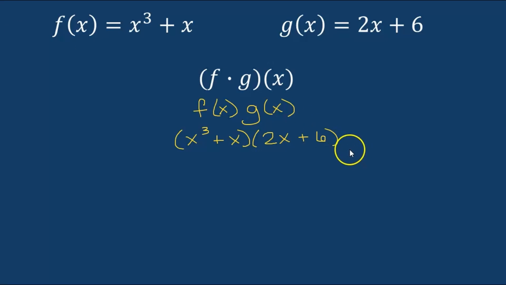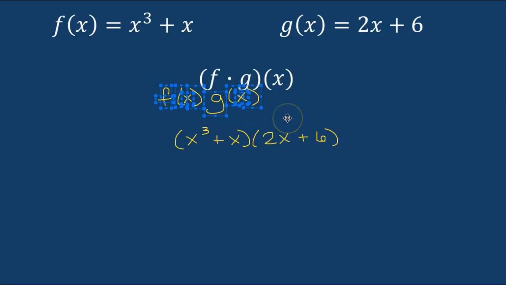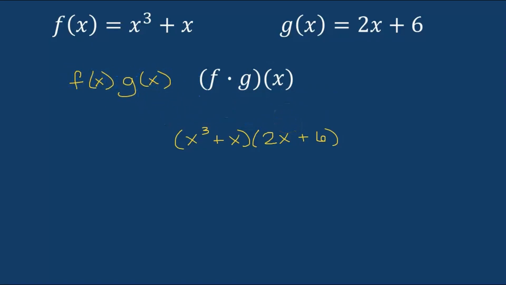In fact, I'm going to move this function out of the way so that I have a little bit of room for some arrows. When you multiply binomials with each other, you take the first term and you multiply it times both of the second terms.